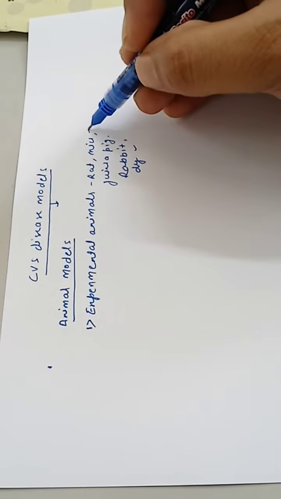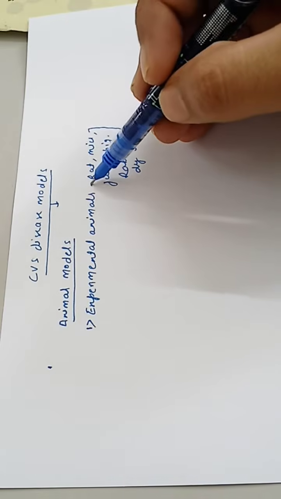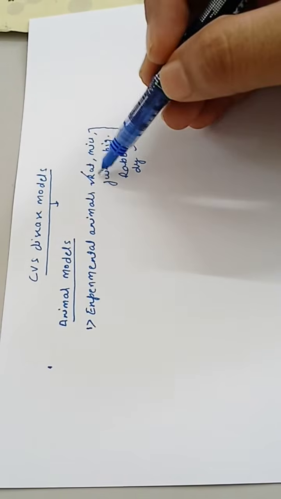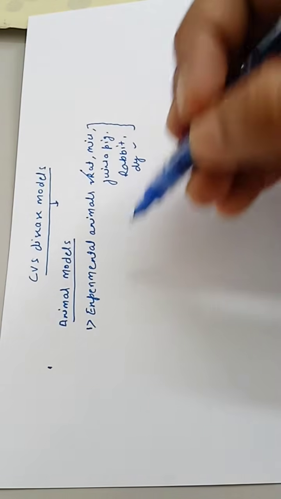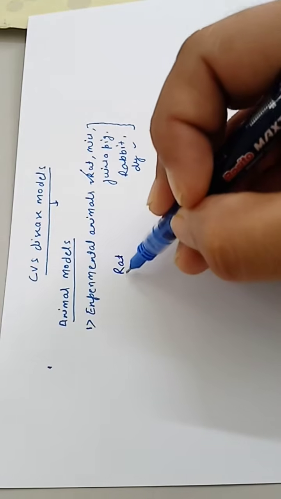So many experimental animals are available. First, you have to understand which animal you are going to use in that particular animal model, whether you are going to develop that particular disease in rat or mice or guinea pigs or rabbit or any other animal.